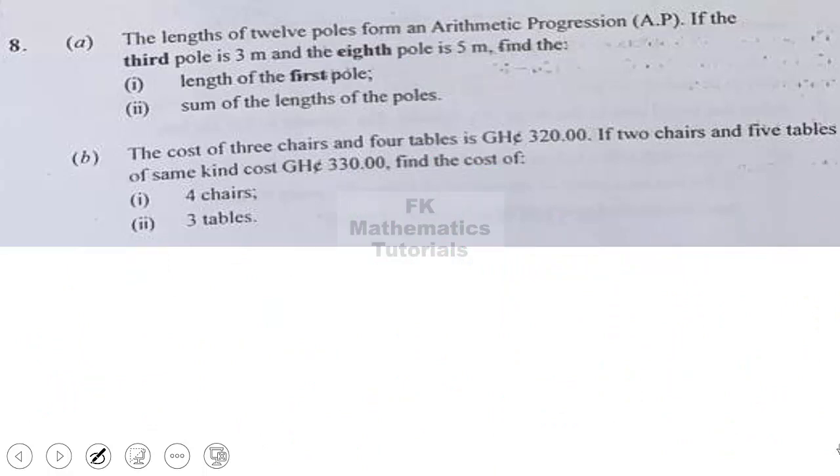The cost of 3 chairs and 4 tables is 320 Ghana cedis. So let the chairs be C, so 3 chairs will be 3C. And let the tables be T, so 4 tables will be 4T. So 3C plus 4T costs 320 Ghana cedis.